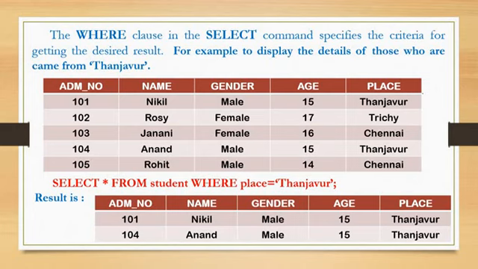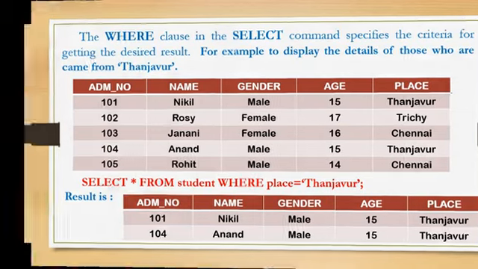See the result table: admission number, name, gender, age, place. All columns are displayed, and only 2 records, because our condition criteria is place equal to Tanjavur, and only these 2 records satisfy the condition.